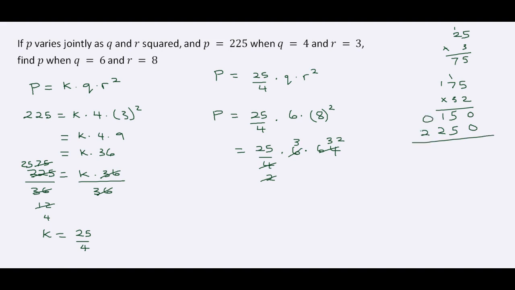So now we can add this up. 0 plus 0, we have 0. 5 plus 5, 10. Put a 0 down, carry up a 1. 1 plus 1, 2 plus 2, 4. 0 plus 2 is 2. So P is equal to 2400.